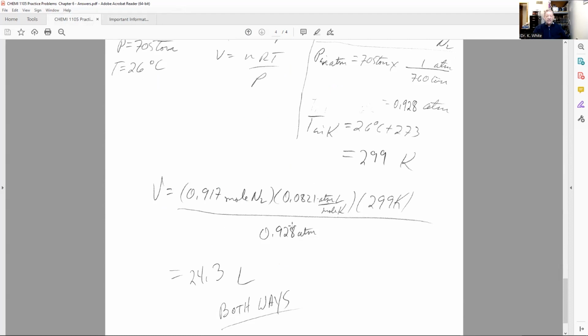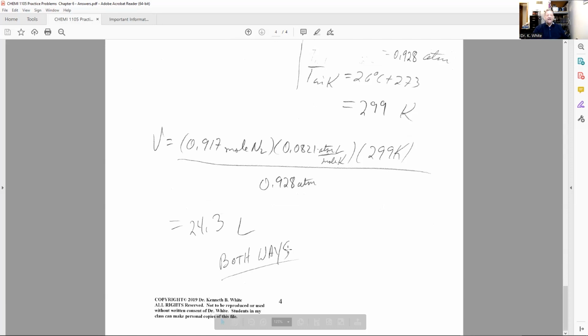And all the units cancel out. Moles of N2 divided by moles, that's gone. Kelvin divided by Kelvin, that's gone. After I do that, all that's left on top is atmospheres liters. Below is atmospheres, they cancel out. I'm left with liters.